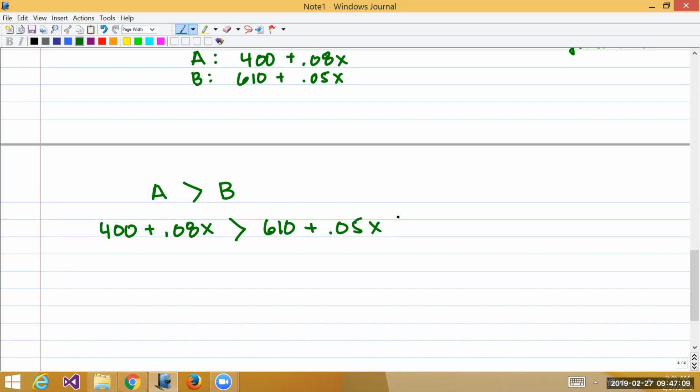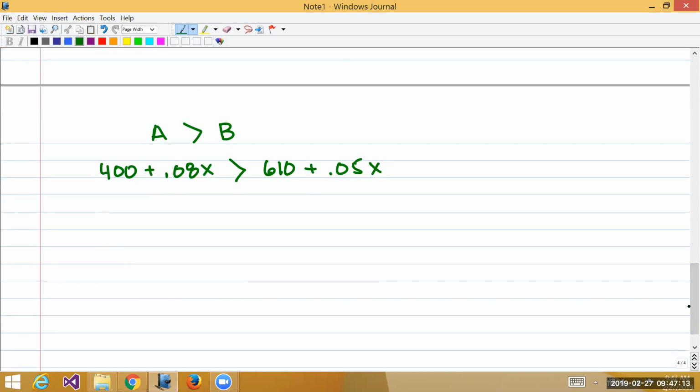Now we can go ahead and eliminate the decimal right away, or we can actually start simplifying a little bit more. Why don't we go ahead and move the 400 over to this side, and I think we can actually just work with the decimal for now. So we'll go ahead and subtract 400 both sides.